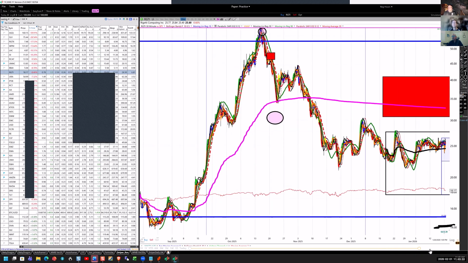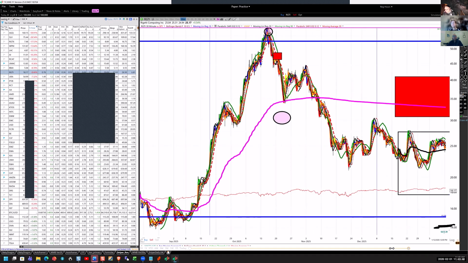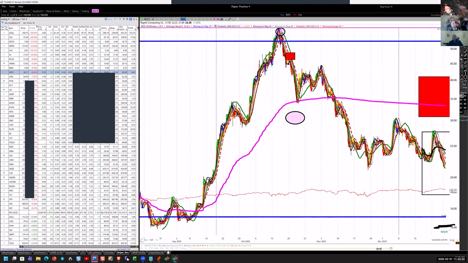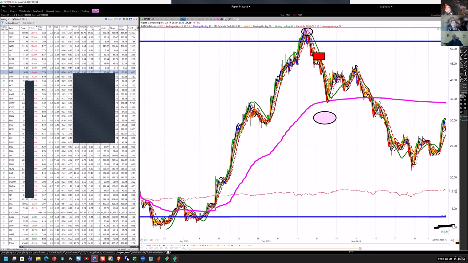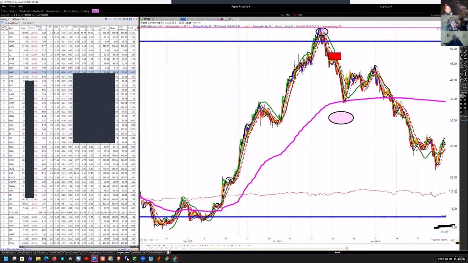Yeah, that little, I think that's the RL 150-ish, that purple line right there, which is pretty cool. Yeah, and all we're trying to do is see that 1-day move out of that little red box.